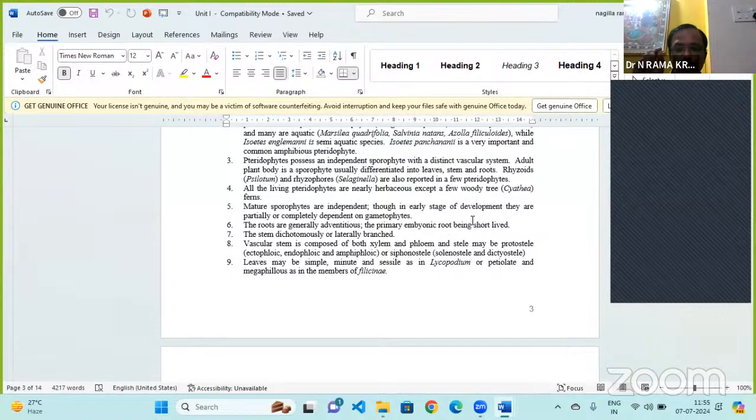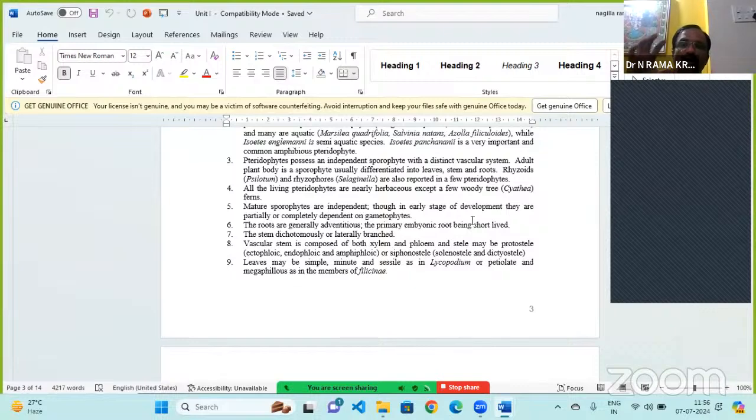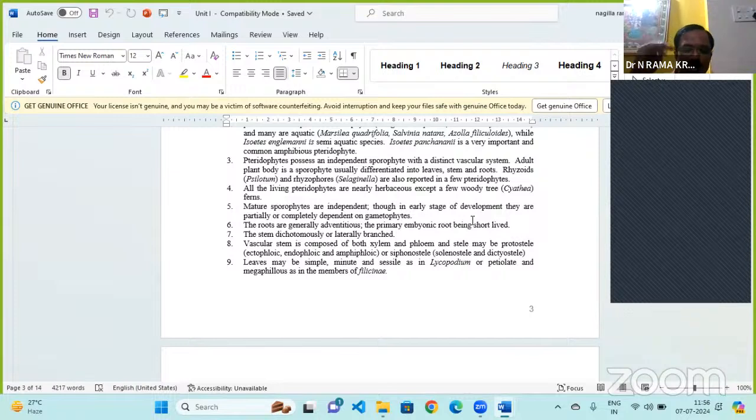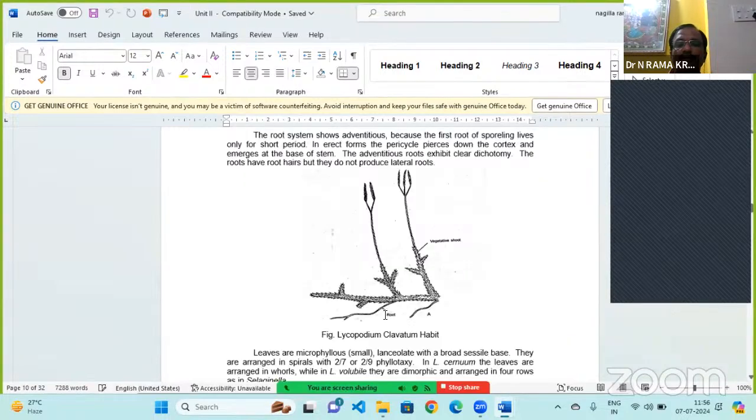One is the root system. These systems come from the embryo after fertilization. The embryonic system produces the root system first. Next, the adventitious roots, which we see here as root-like structures. This is the root system.